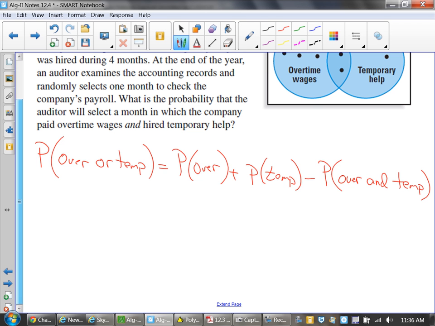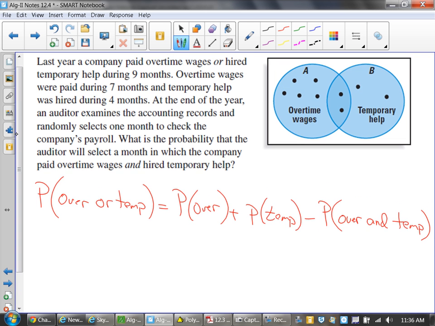First line of the problem said that they paid overtime or temp help 9 out of the 12 months. They paid overtime 7 out of the 12 months. They hired temp help 4 out of the 12 months. There's your unknown.